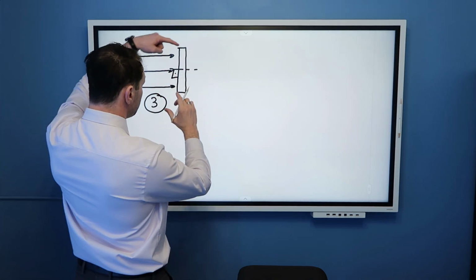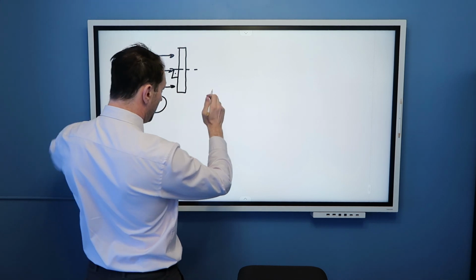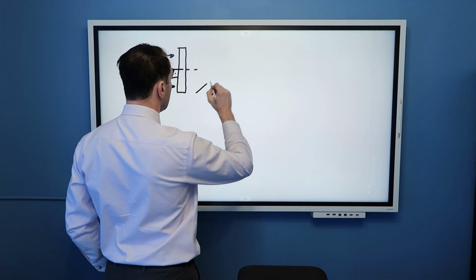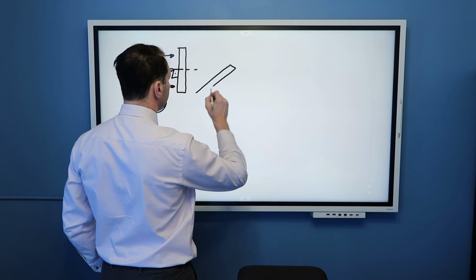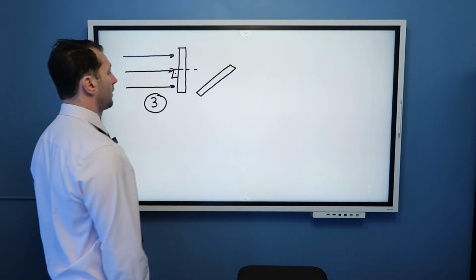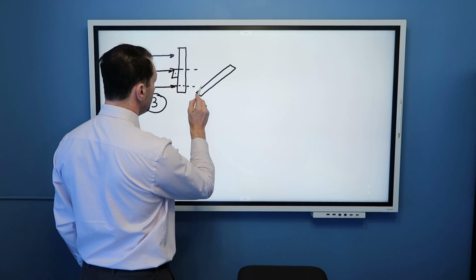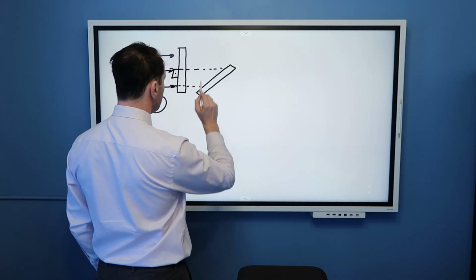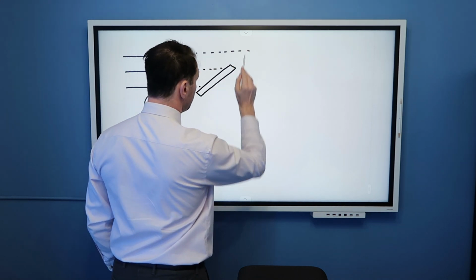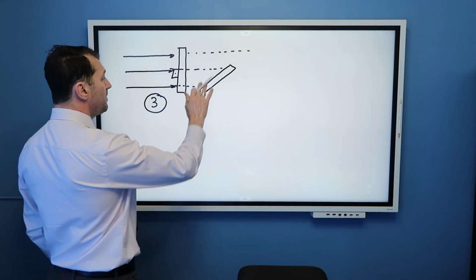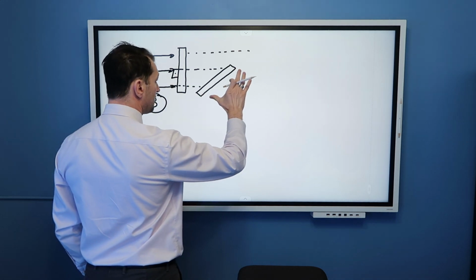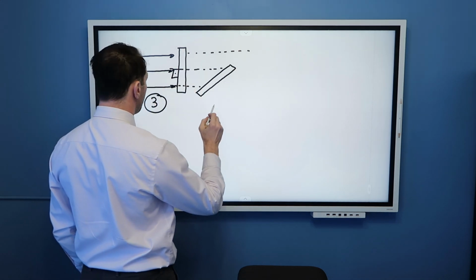However, if I take this same surface of the same length and I incline it like so, then you can see that this sun ray will still hit it. This sun ray will still hit it, but this one will miss it. How many sun rays are hitting this surface that is the same length as this one?